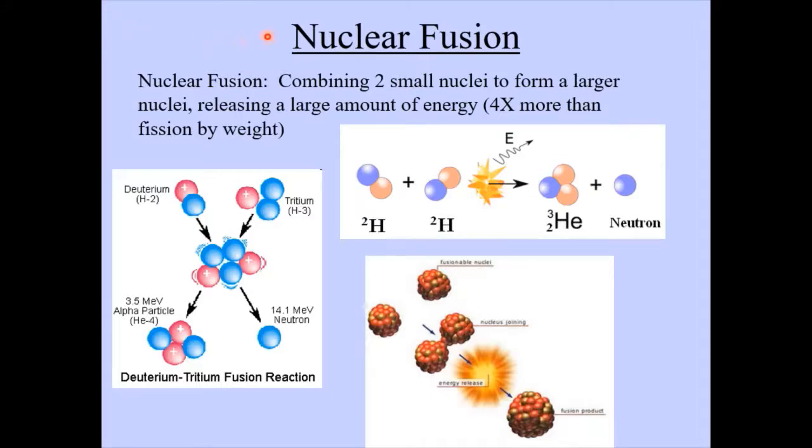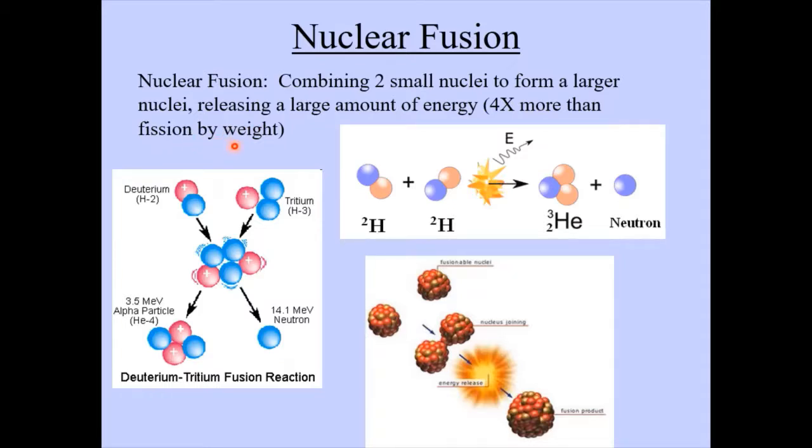Sort of the opposite process to nuclear fission is called nuclear fusion. So nuclear fusion is combining two small nuclei to form a larger nucleus, and this also releases a huge amount of energy. In fact, nuclear fusion is 4 times more energetic than fission by weight.